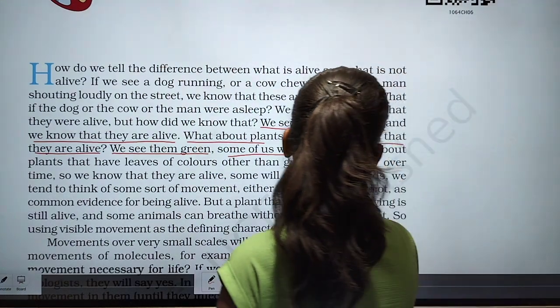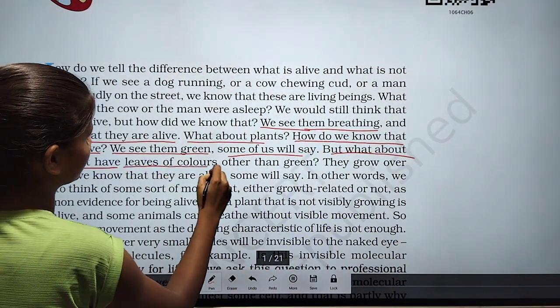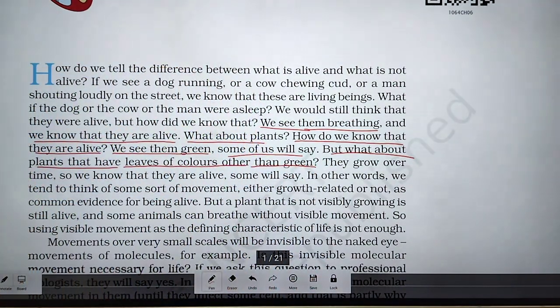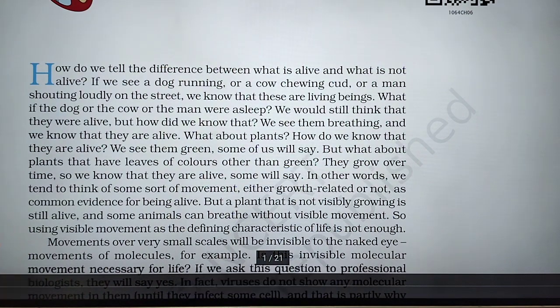But what about plants that have leaves of colors other than green? Here is one more question: what about plants that have leaves of colors other than green?